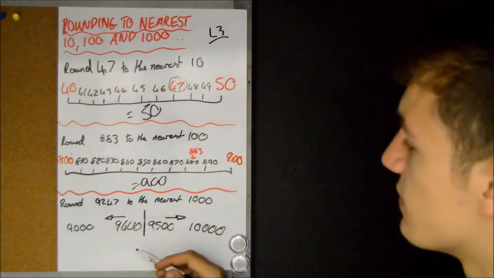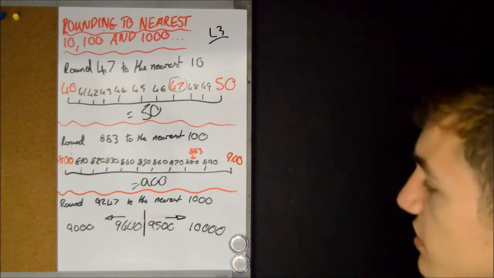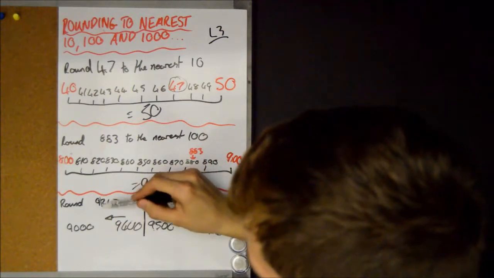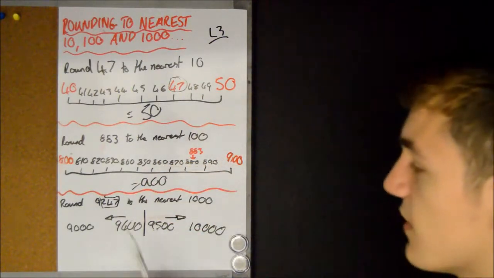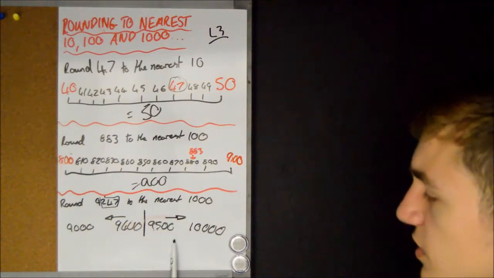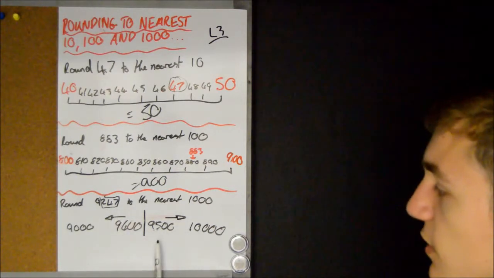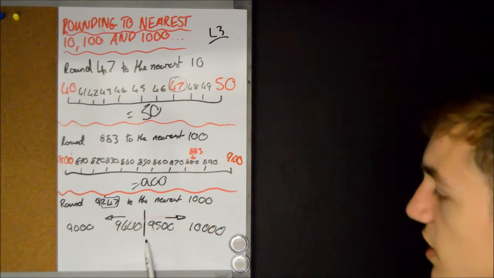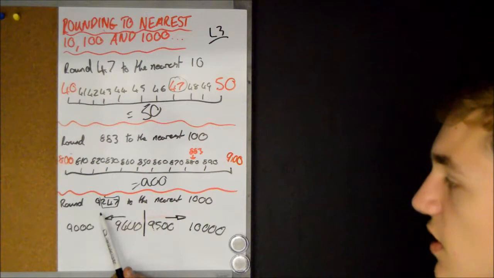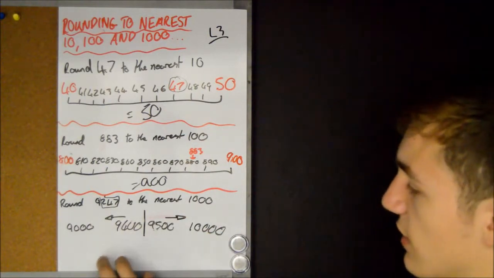Now, for rounding to a thousandth, we apply the same idea. A simpler way is just to look at the 3 digits here. So 9,247 to the nearest thousandth, we do a much simpler way and just think, okay, 247 is below 500, therefore we must round it down to 9,000.